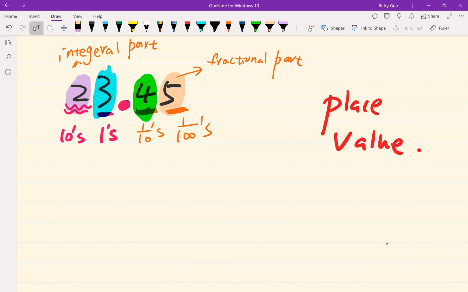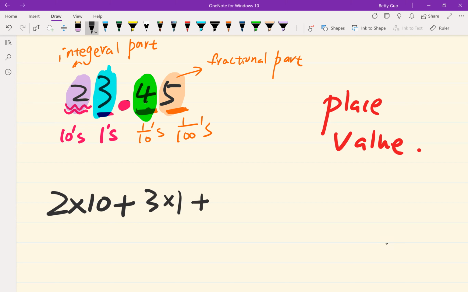Now, how do we understand this number? How do we understand this decimal from the point of view of fraction? As we know, the place value of 2 is 10. So we have 2 times 10 here. The place value for 3, the blue part, is ones. So we have 3 times 1 here.